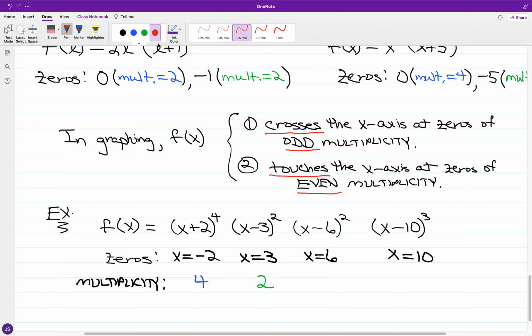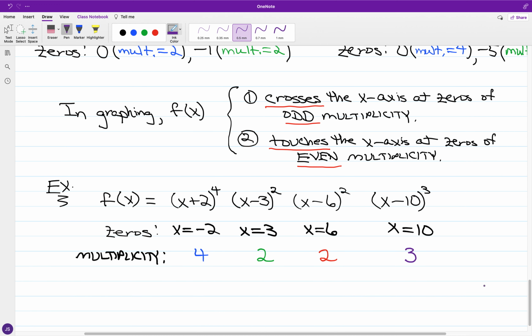And likewise for x minus 6, we have the zero at 6, but again, with the square, 6 is going to have a multiplicity of 2. And for x equal to 10, now we have an even valued zero, but since the factor is raised to the 3rd, this is a case where you have an even valued zero that has an odd valued multiplicity.